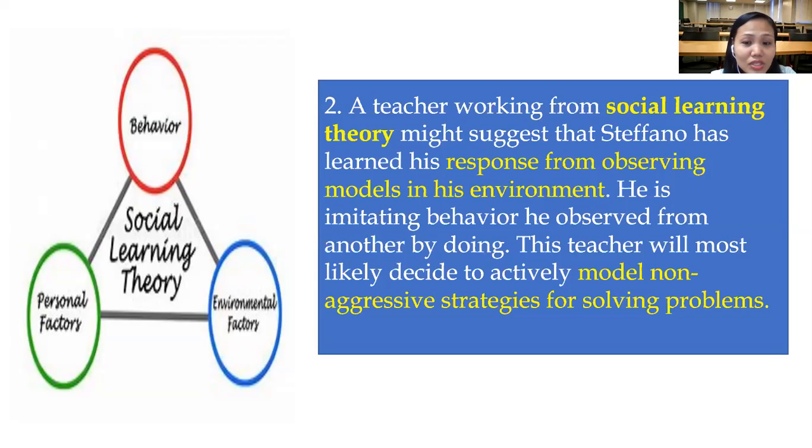So the teacher will not threaten Stefano verbally or physically, but the teacher can ask Stefano what he would feel if he were in the situation of Georgia. Will he feel terrified, happy, or sad?